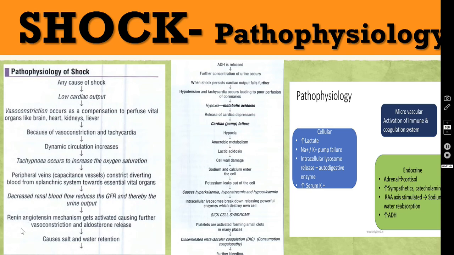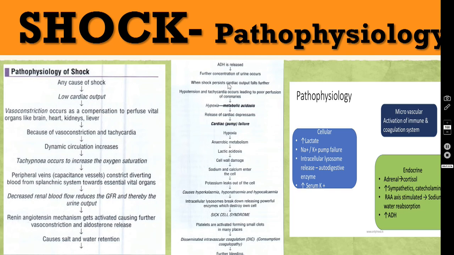Now, the renin-angiotensin mechanism gets activated, causing further vasoconstriction and aldosterone release that causes salt and water retention. Now the ADH is released, that will produce further concentration of urine. Decreased urine output.